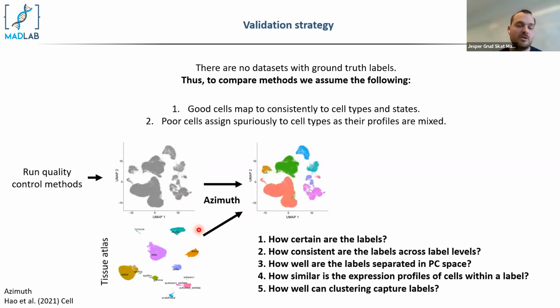How certain is Azimuth that the label is correct? How consistent are the labels across different label levels? And how well do the labels separate, and so on? So this gives us metrics that we can use to compare our methods to existing methods. And we can also compare internally within our method how well these stages are performing. And that's where we started.